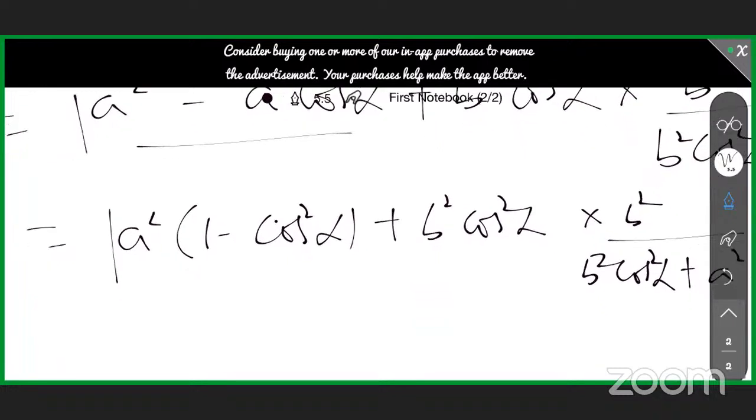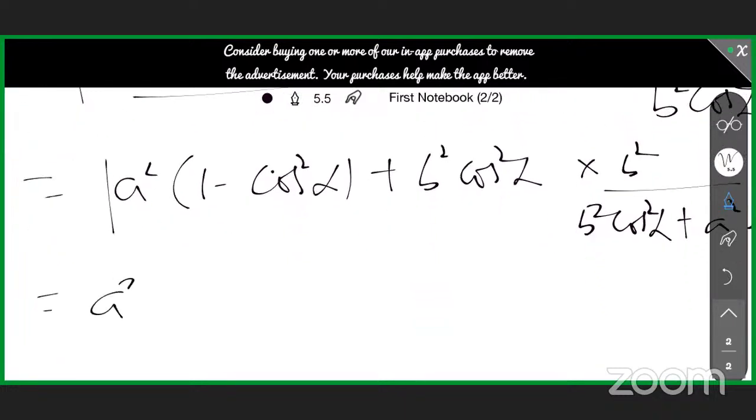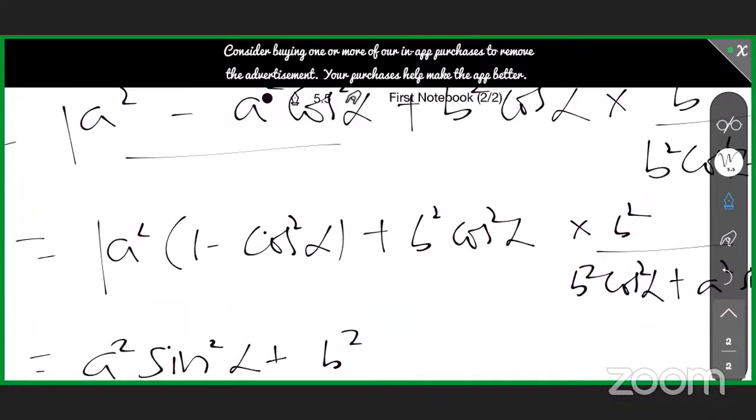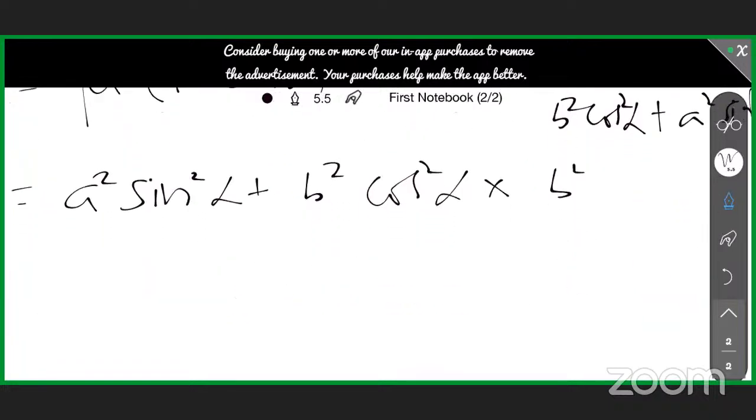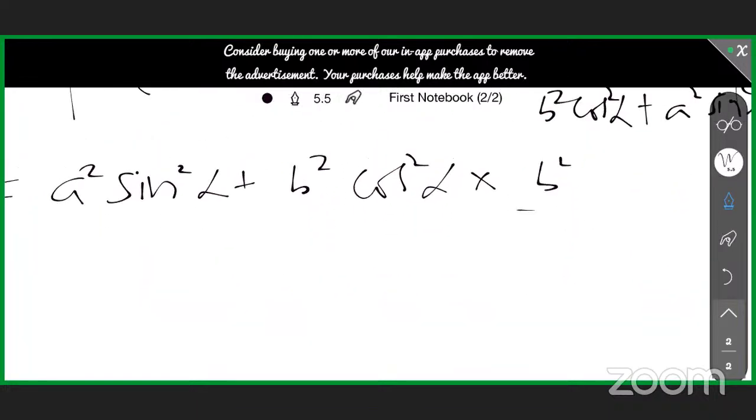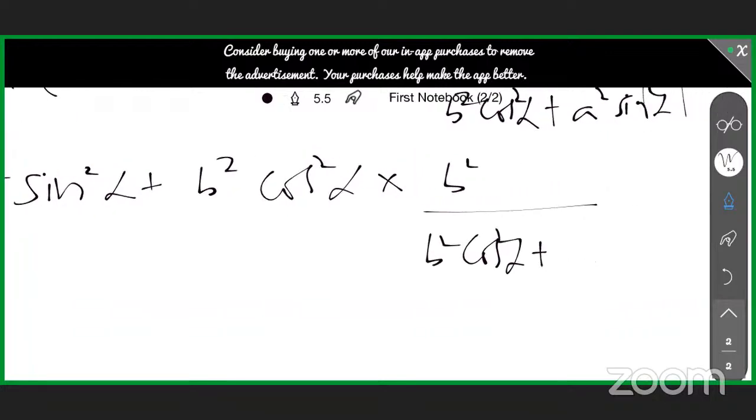So this is equal to a square, 1 minus cos square alpha is equal to sin square alpha. Sin square alpha plus b square cos square alpha into b square by b square cos square alpha plus a square sin square alpha, mod.